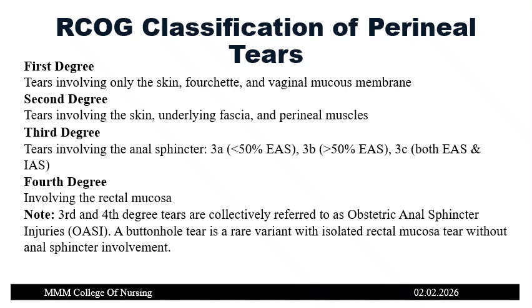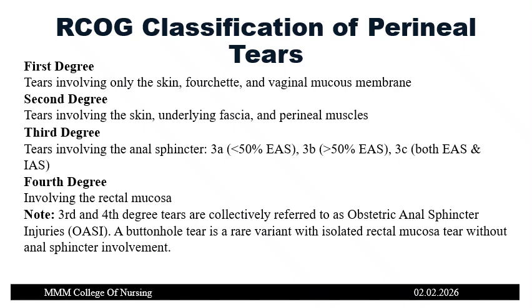In the third degree, we have subtypes. 3A is less than 50% of the anal sphincter, 3B is more than 50% of the anal sphincter, and 3C is both external and internal anal sphincter. And the fourth degree extends into the rectal mucosa, and this is the most severe tear.